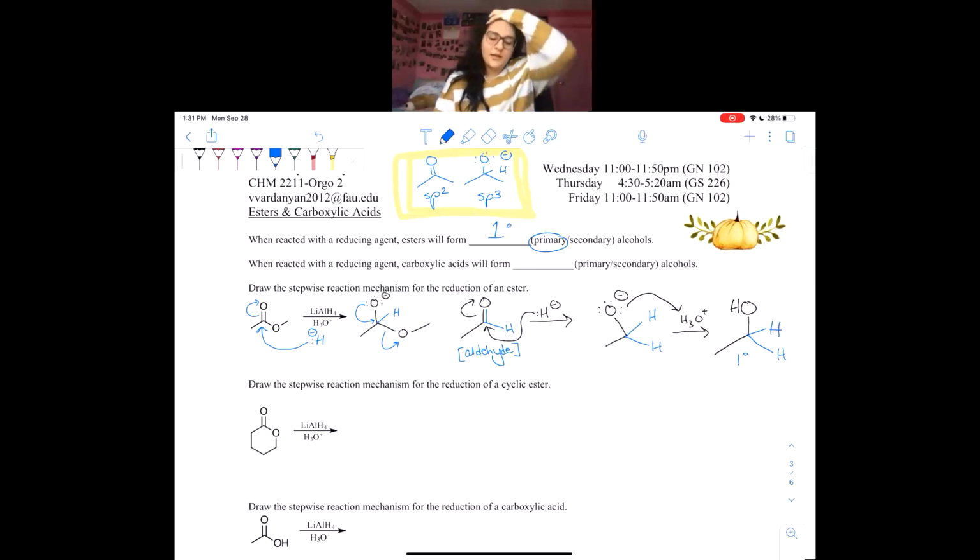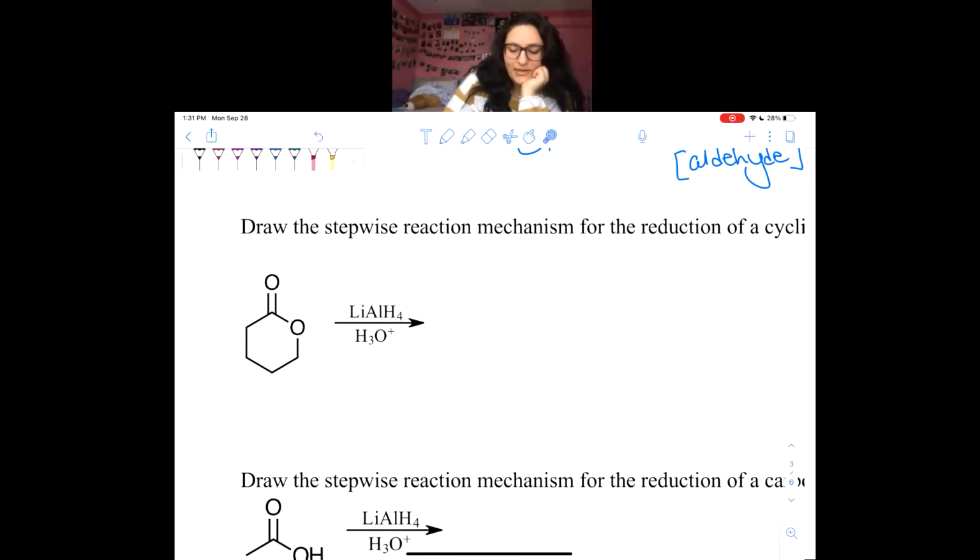And the fun thing we're going to do is a little sneak peek into chapter 16, where we talk about this lovely molecule. Does anyone have any idea what this is called? If not, that's totally fine. But if you do, you get extra credit in my heart.